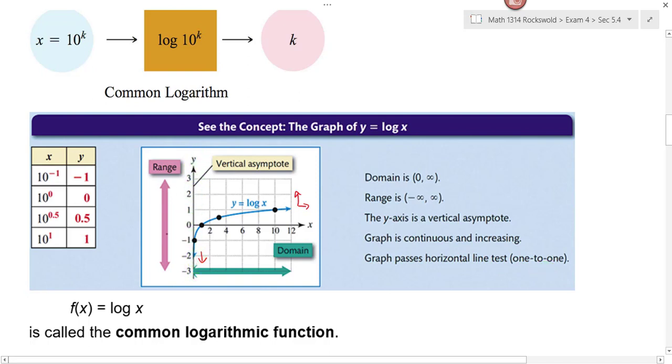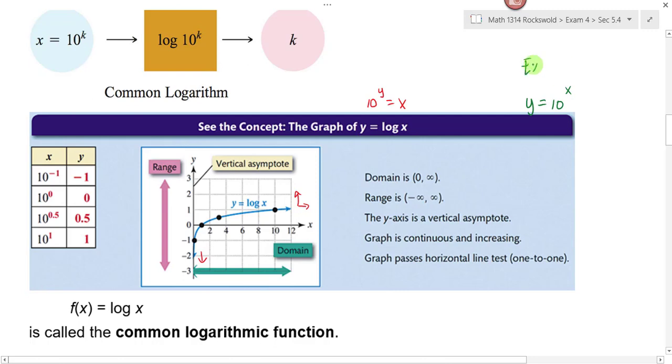Remember how I said logs and exponents are inverses of each other? And how we get an inverse function from a function is we swap the domain and the range. This graph of y equals log base 10 of x could be rewritten as 10 to the y equals x. If I switch x and y, I end up with y equals 10 to the x.